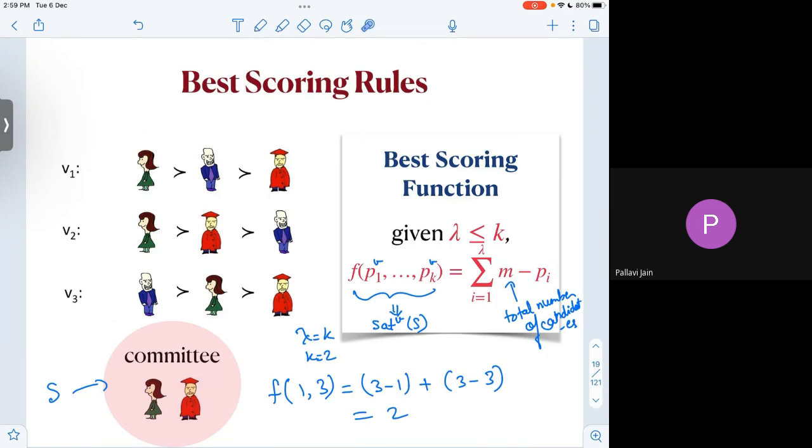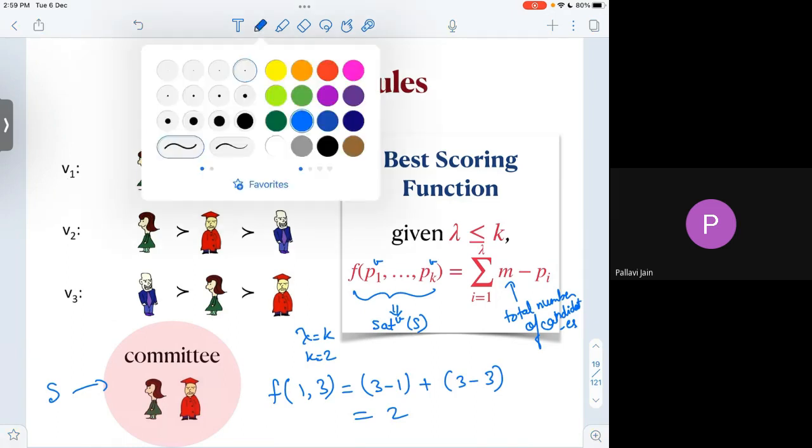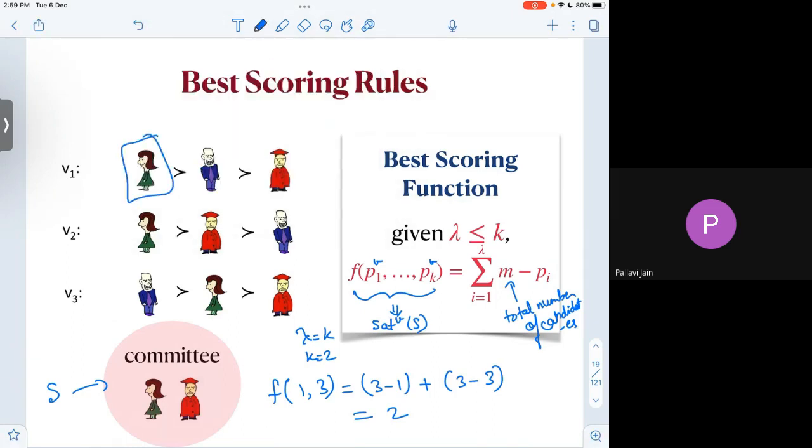For voter V1, just project this committee on your preference list and look at their positions. Subtract this from the total number of candidates, for all the committee members. Take their summation, and that is your satisfaction.